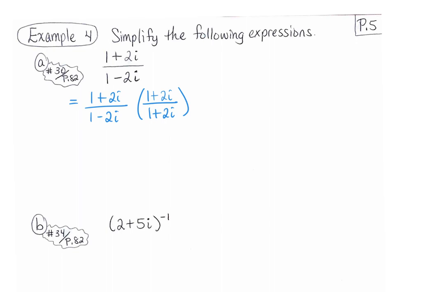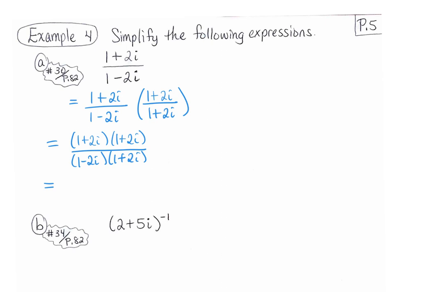Okay? So let's multiply. So this is going to be 1 plus 2i times 1 plus 2i over 1 minus 2i times 1 plus 2i. Okay? And then we use our FOIL method to multiply in the numerator and the denominator.